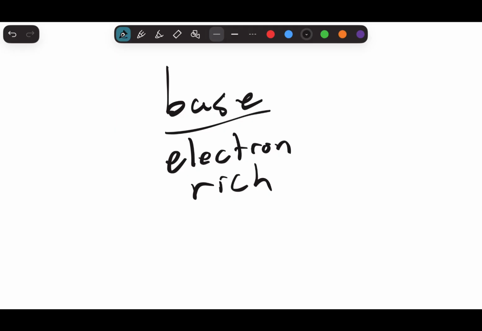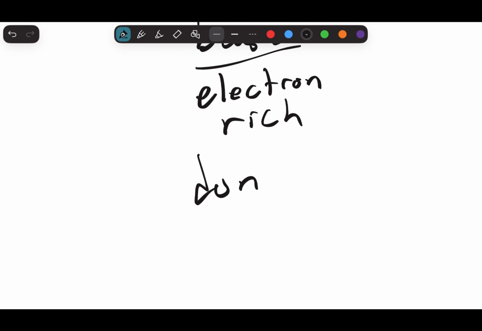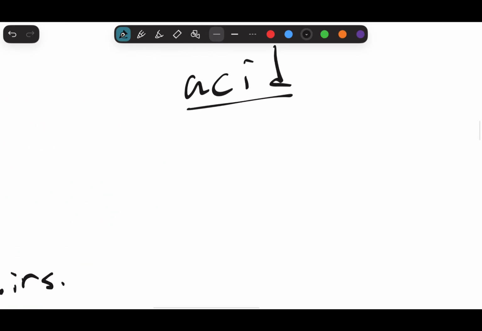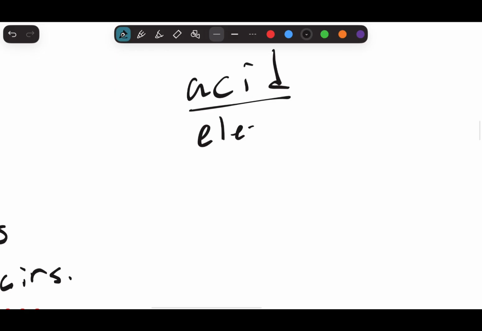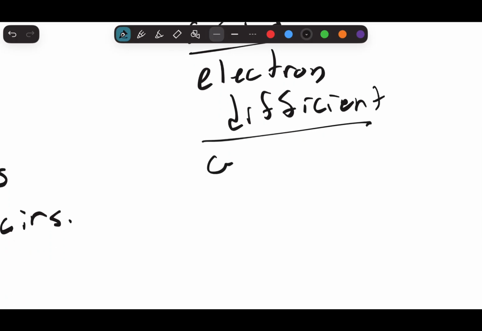What that means is that it donates lone pairs. A Lewis acid is electron deficient, so it accepts lone pairs.